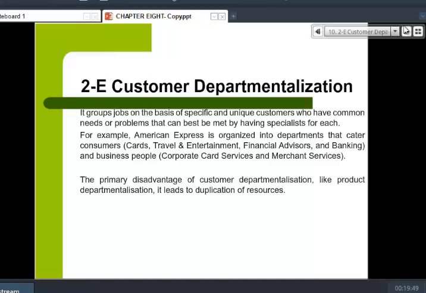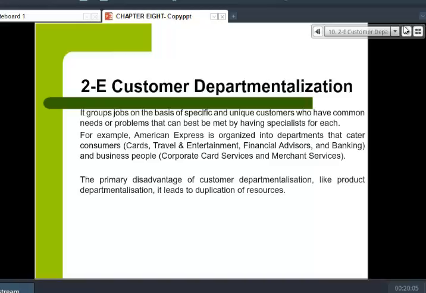Customer departmentalization groups on the basis of specific and unique customers who have common needs or problems that can best be met by having specialties for each.